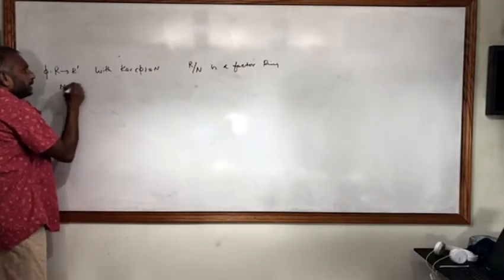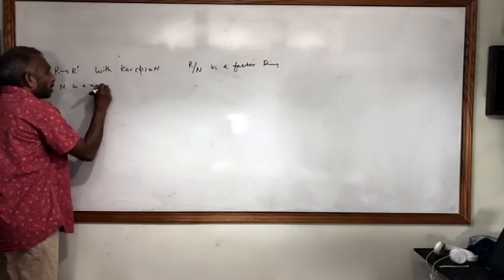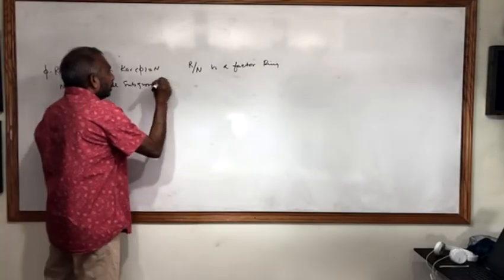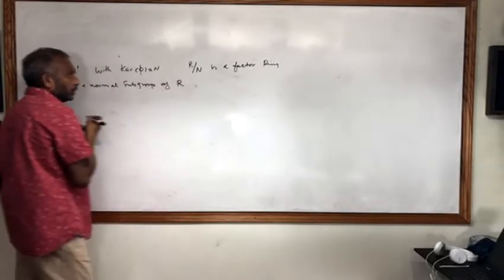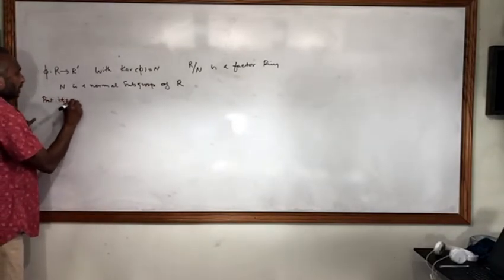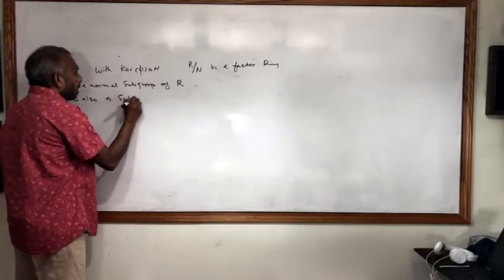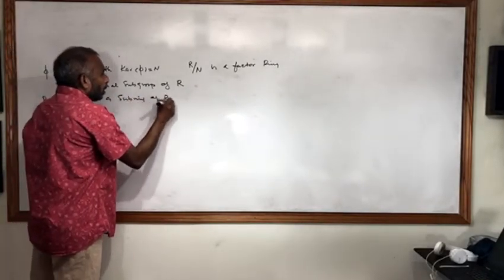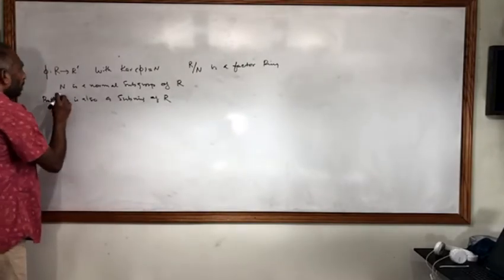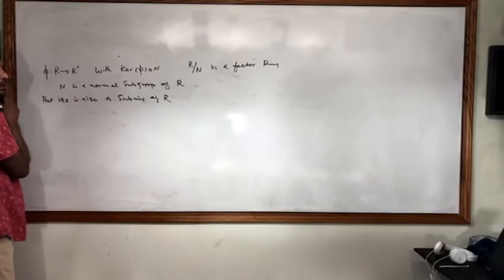N is definitely a normal subgroup of R. But it is also a subring of R, because all we need to show is that if you take two elements from here, it is closed under multiplication.